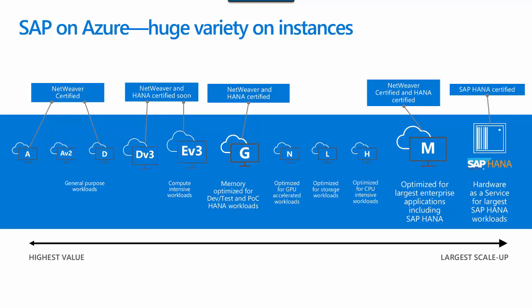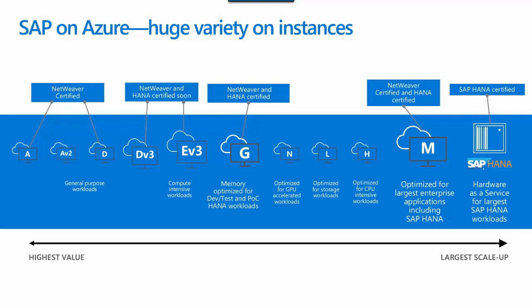There are some VMs that we listed here that are actually meant for other workloads like high performance computing and graphics intensive applications. For your SAP workload, you should stay within the families of virtual machines that are certified for SAP.